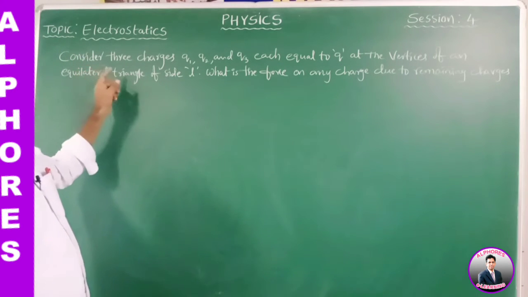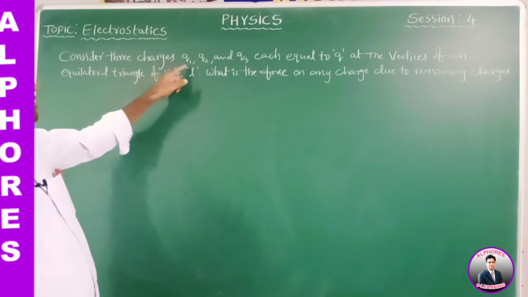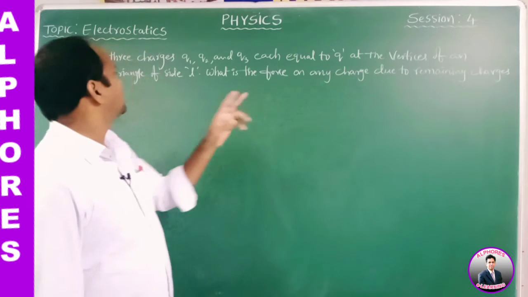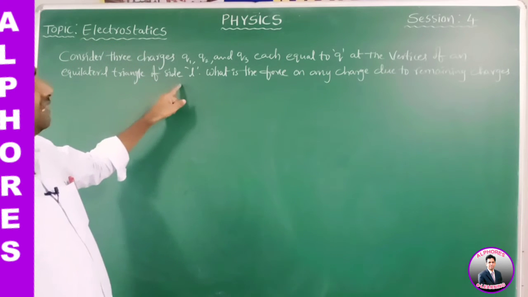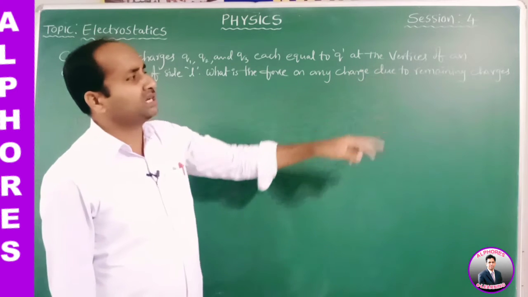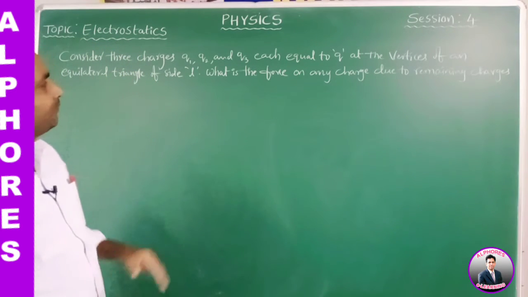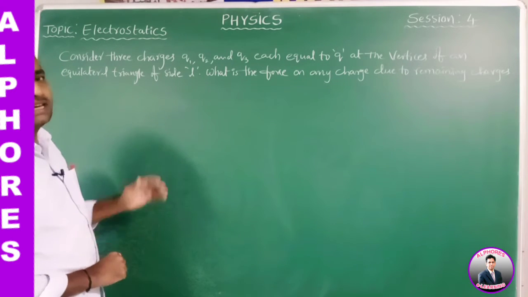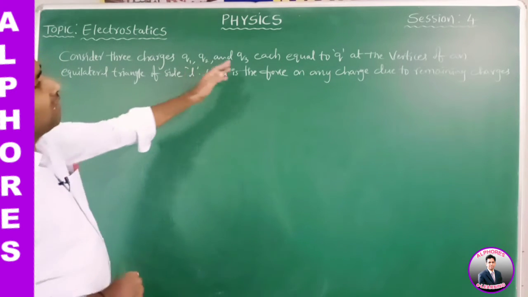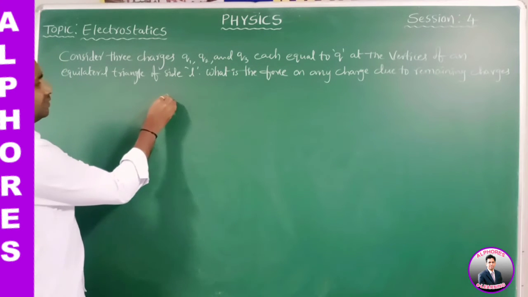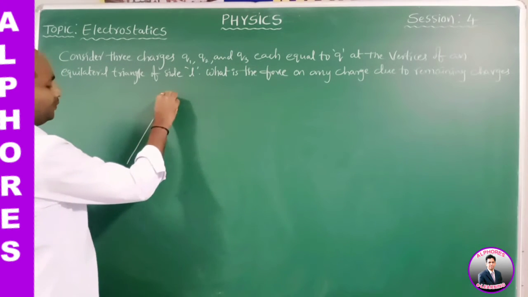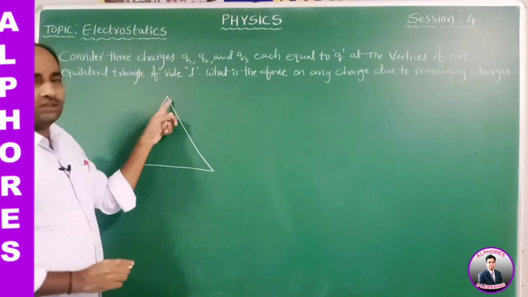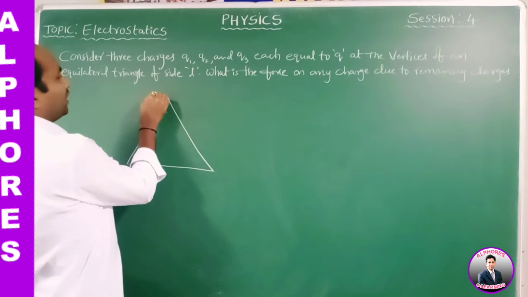Okay, next: three charges q1, q2 and q3, each equal to q, are at the vertices of an equilateral triangle of side L. What is the force on any charge due to the remaining charges? It is the same as the first one. Instead of 4 charges, here we are taking 3 charges, all of equal magnitudes.